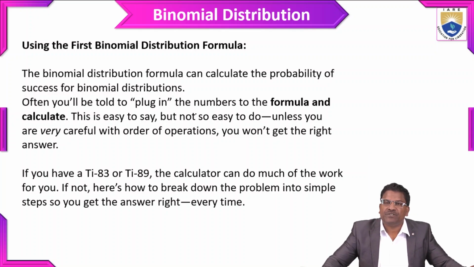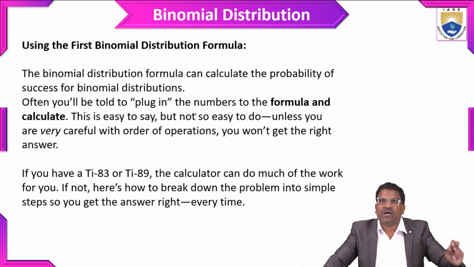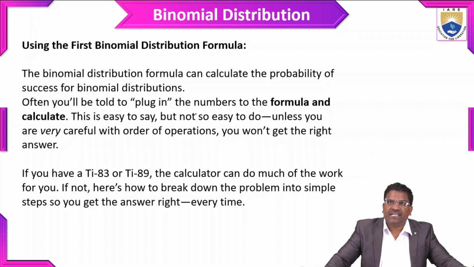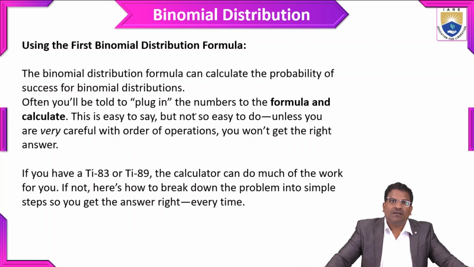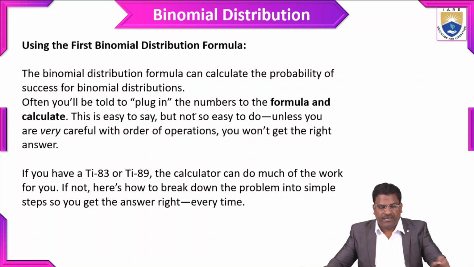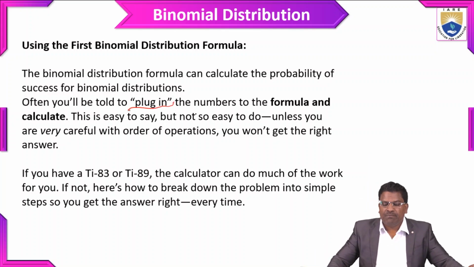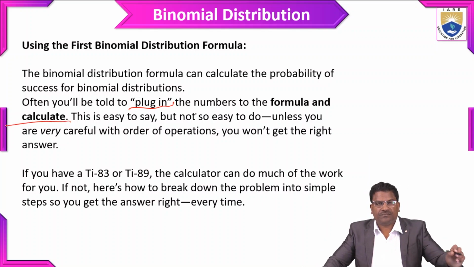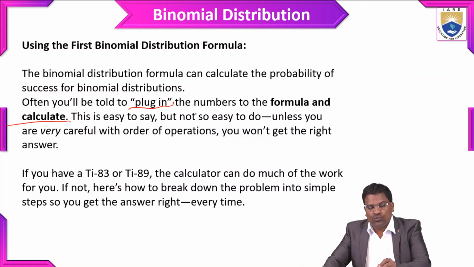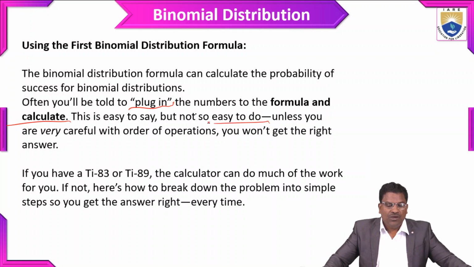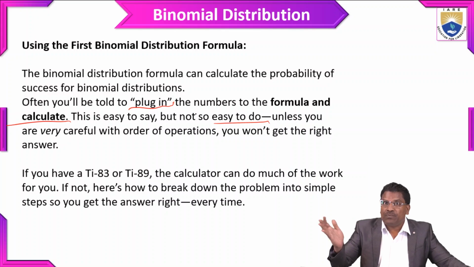Using the binomial distribution formula, let us discuss some facts about this. The binomial distribution formula can calculate the probability of success for binomial distributions. Often you will be told to plug the numbers into the formula and calculate. This is easy to say, but not so easy to do, unless you are very careful with the order of operations.